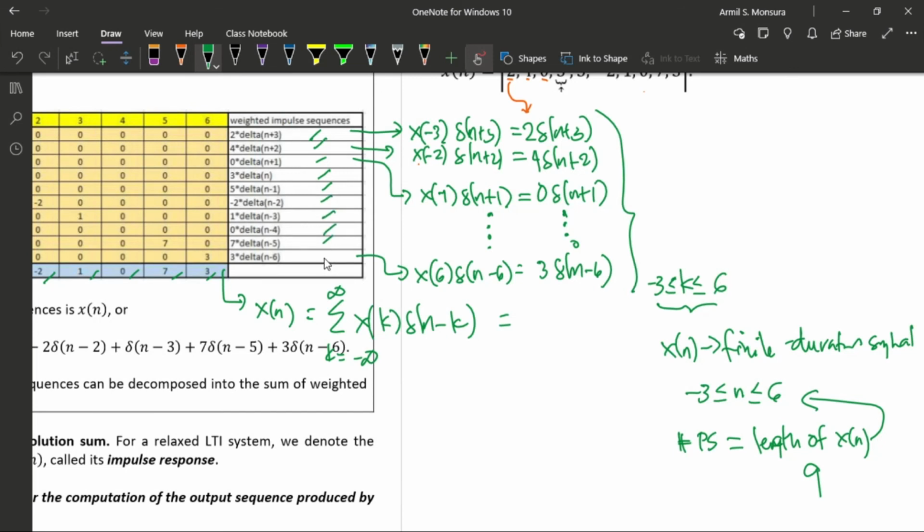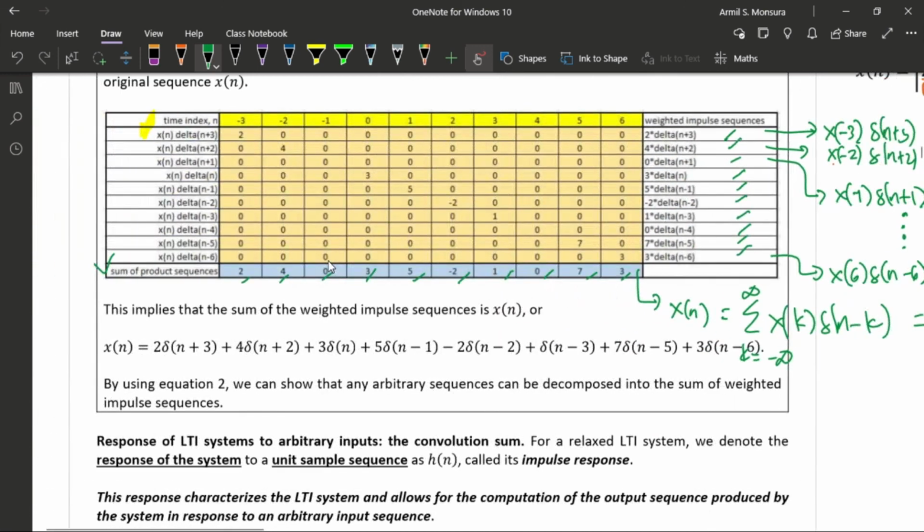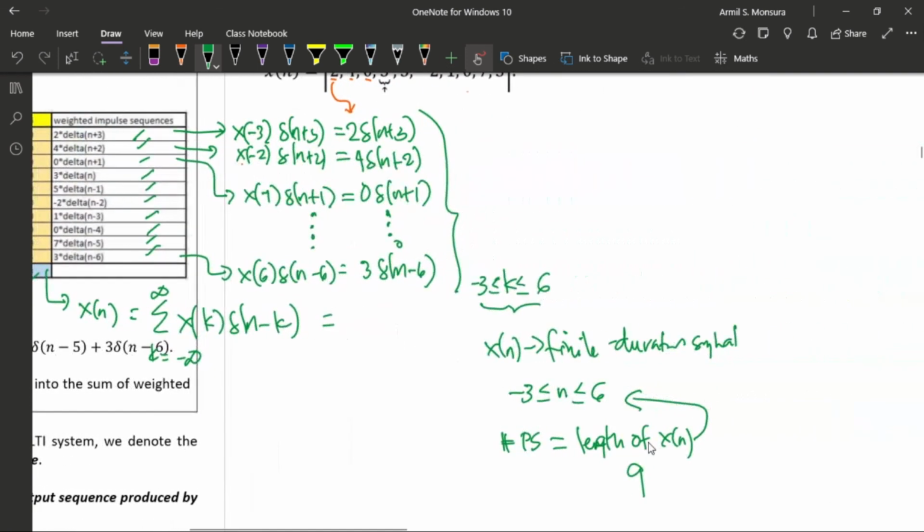Mali pa bilang ko? Negative 3 to positive 6, that's 10. Ang length pala niyan ay 10, sorry. Ang ginawa ko kaya ako nakuha yung 9, ginawa ko 6 minus negative 3.